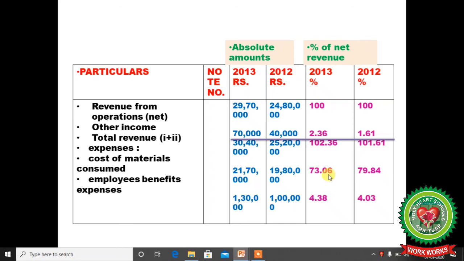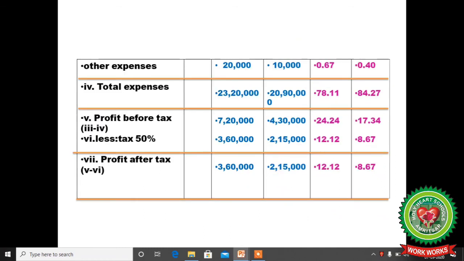In cost of material, the percentage is 73.06, and 79.84 for the year 2012. Employee benefit expenses are 4.38 for the year 2013 and 4.03 for 2012. For other expenses, the percentage here is 0.67 and 0.40.